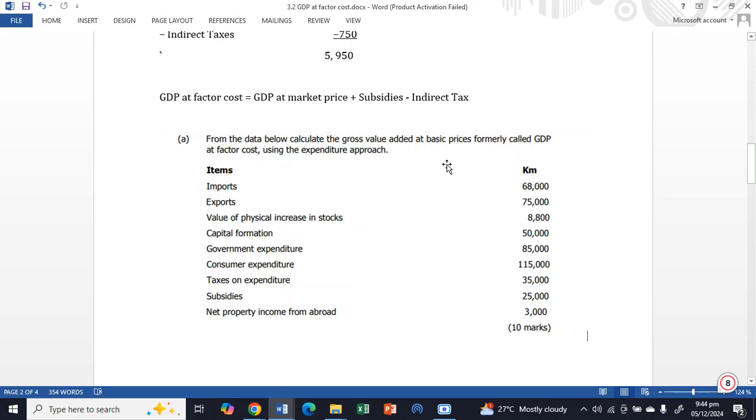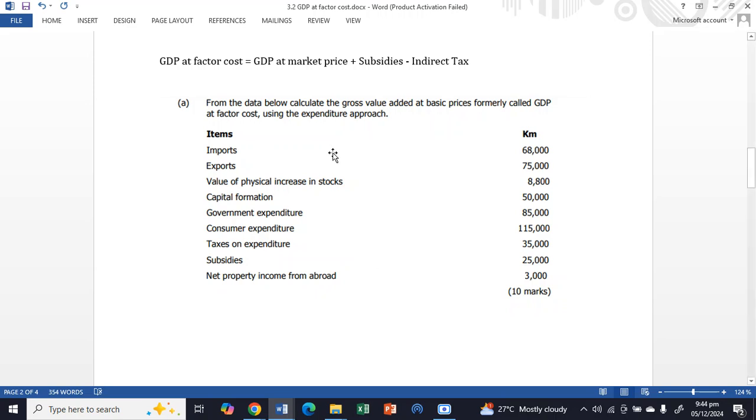So before we can get our GDP at factor cost, we need to get our GDP at the market price. Since here they say using the expenditure approach, GDP equals consumption expenditure by us the citizens, plus investment expenditure by business, plus government expenditure, plus exports minus imports.